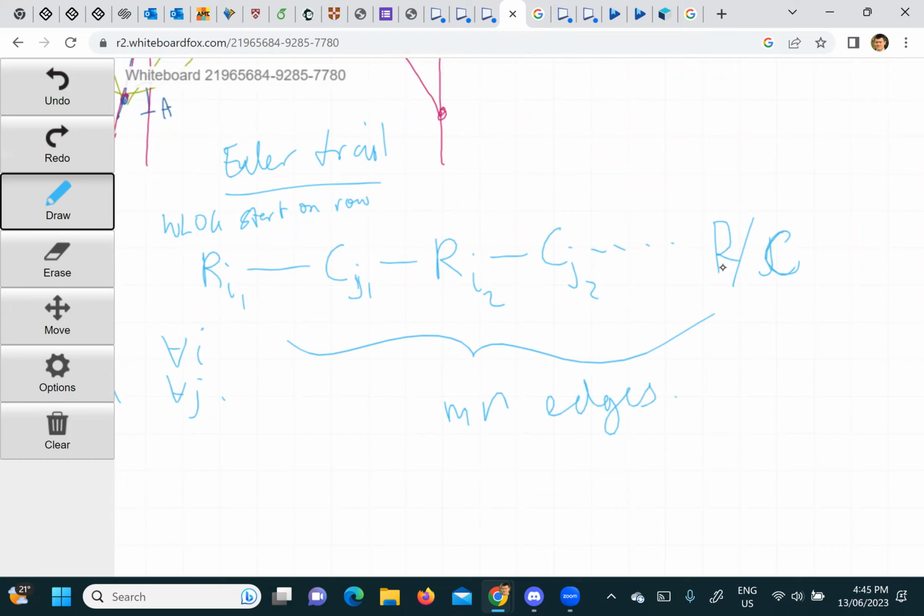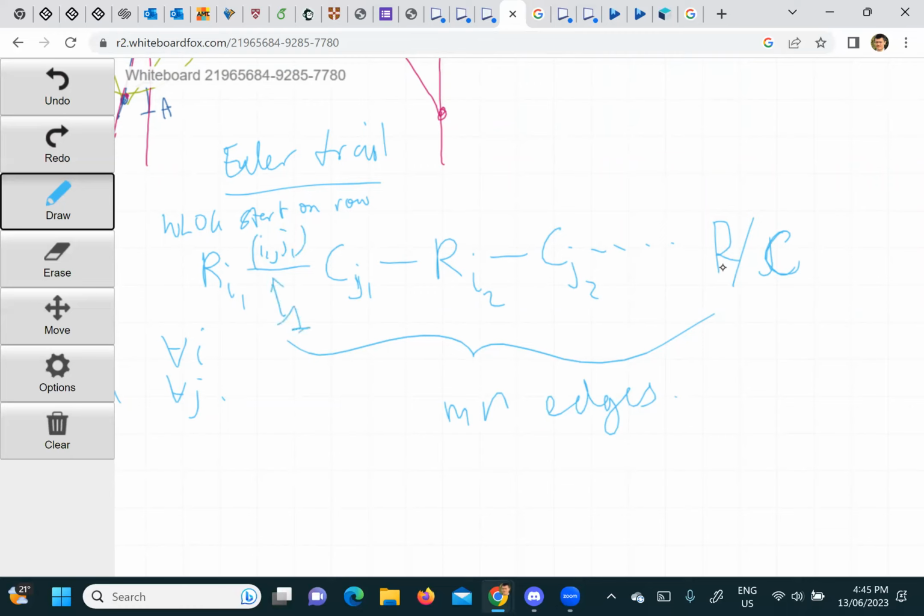Then you just take the edges in this Euler trail and number them 1 to mn, because each edge is a cell. The edge here is the cell I1, J1, so you put a 1 there.